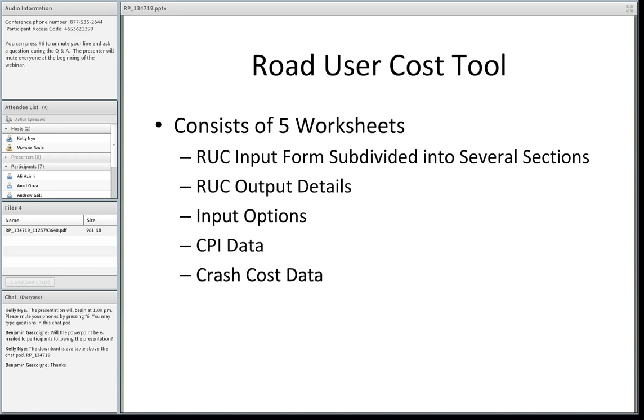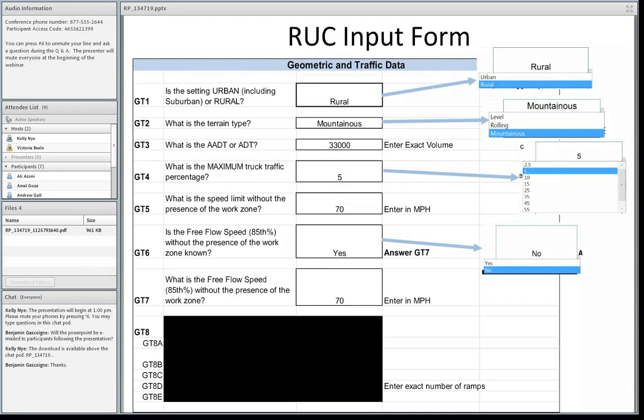All right, so when we start with the road user cost input form, we're going to go through each section individually and identify what the user can do and what happens when the user does do certain things. So the first question is trying to identify whether it is a rural or an urban setting.